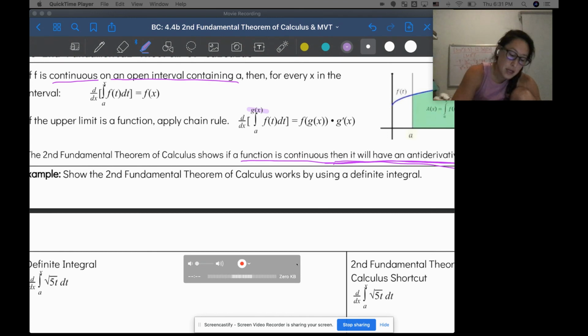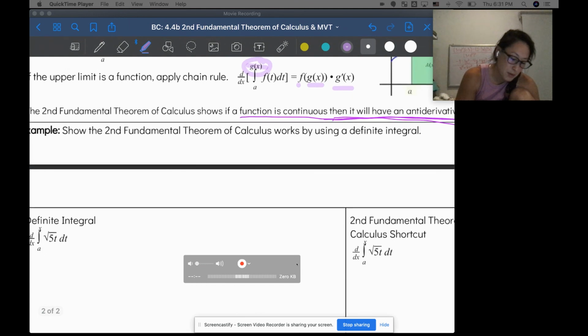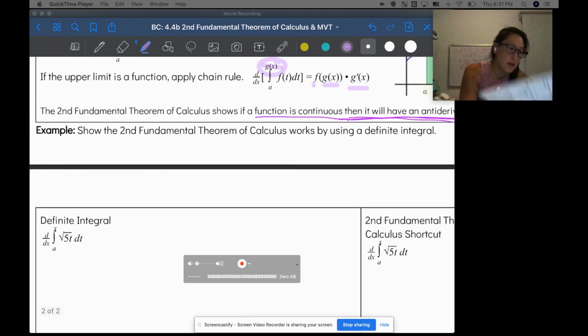So the second fundamental theorem of calculus says that the derivative of the integral from a to g of x of f of t dt is f of g of x, that's our inner bound, times the derivative of that inner bound.